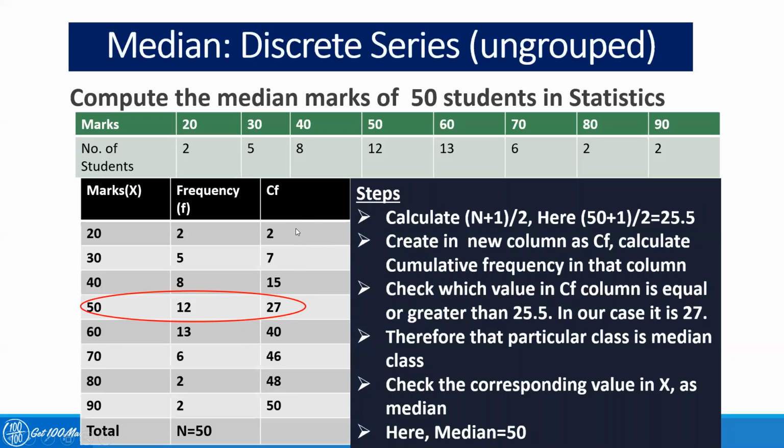So if I go through the CF column, you can see here the value 27, which is just after 25.5. So I make a red color mark for you to easily identify. This is called median class. Then check the corresponding value in X. So I am seeing in the marks column or X, the corresponding value of 27 is 50. So our median is 50.